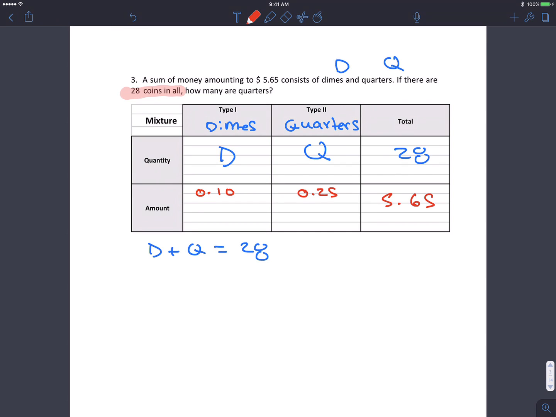So if I want to look at the total amount in quarters, I'm going to take that 0.25 and multiply it to Q. My second equation becomes 0.10D plus 0.25Q, and that will equal $5.65.